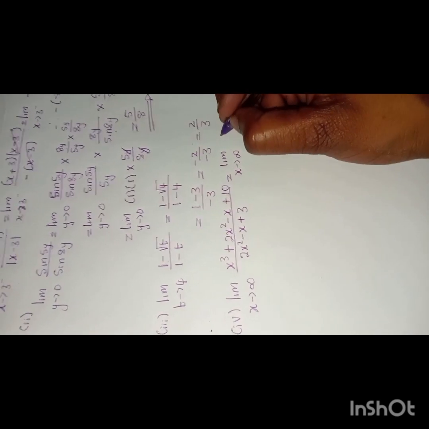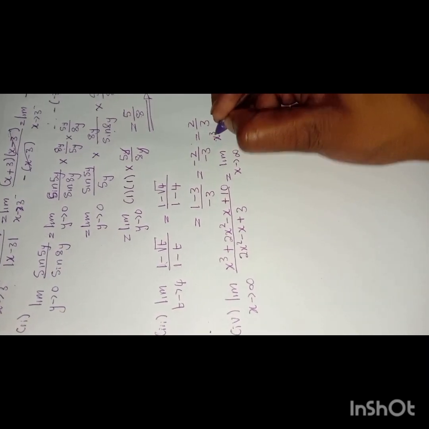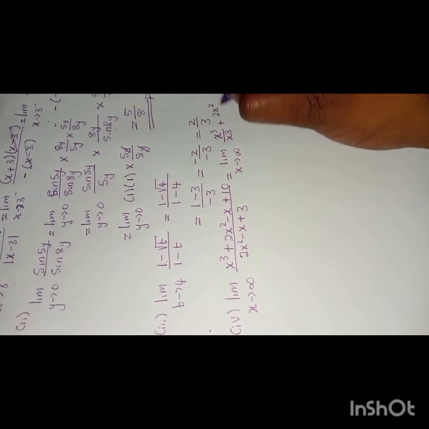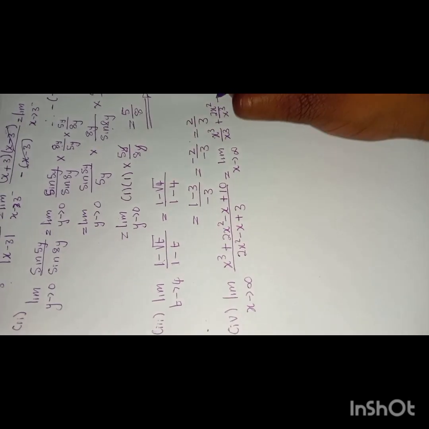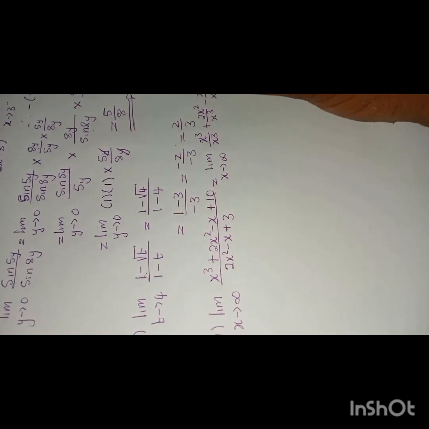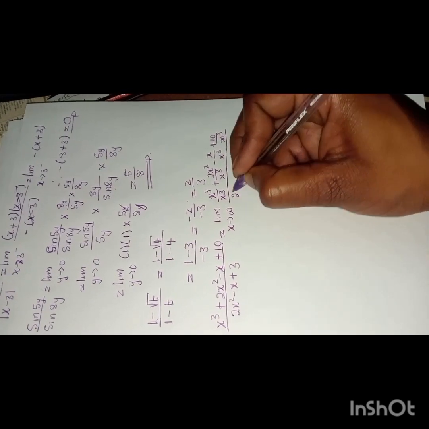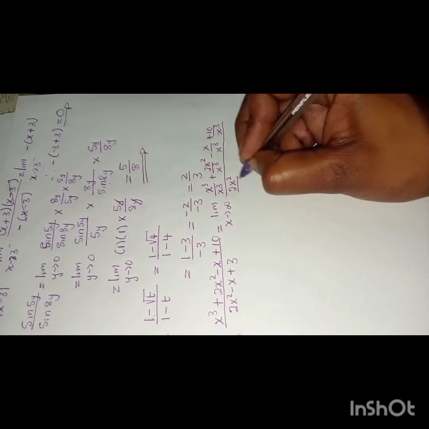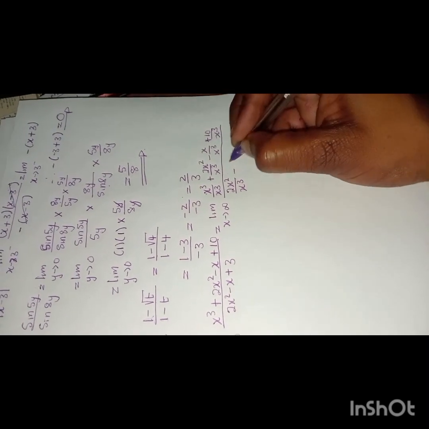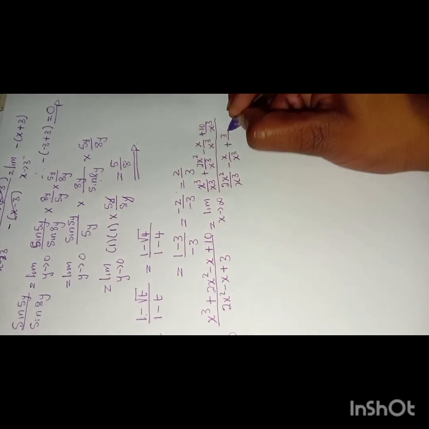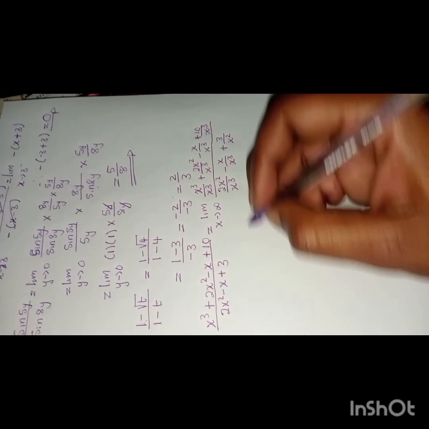Then we are going to have x to exponent 3 all over x to exponent 3 plus 2x squared all over x to exponent 3 minus x all over x to exponent 3 plus 10 all over x to exponent 3, all over 2x squared all over x to exponent 3 minus x over x to exponent 3 plus 3 all over x to exponent 3.